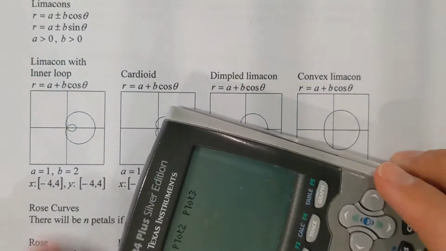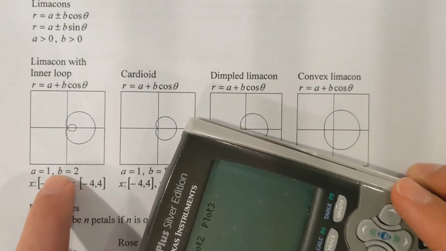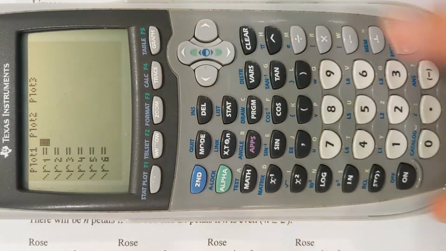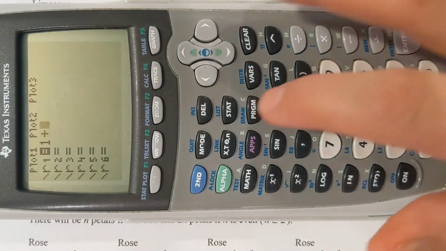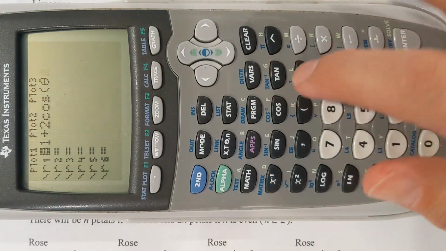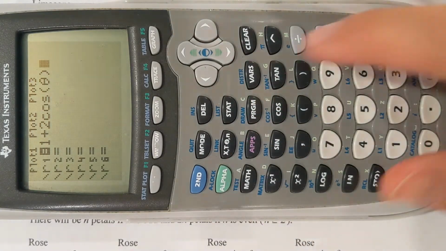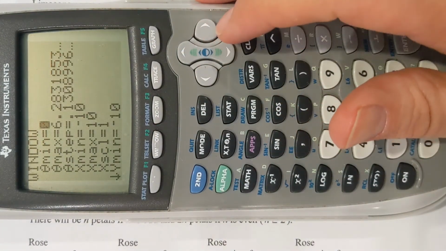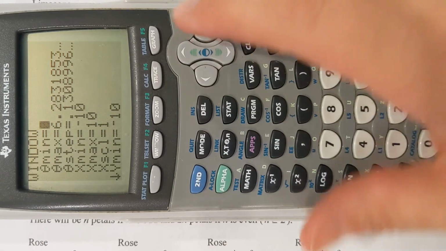So I want to type in r equals 1 plus 2 cosine theta. The theta button would be the same button as the X button there. Now the window, you'd want to go to that next.